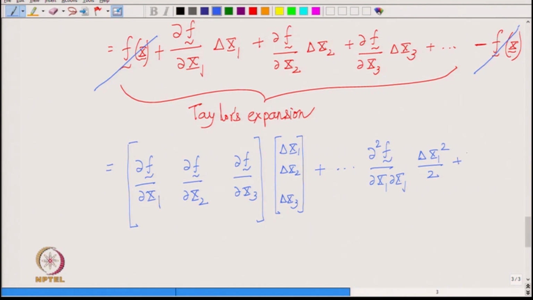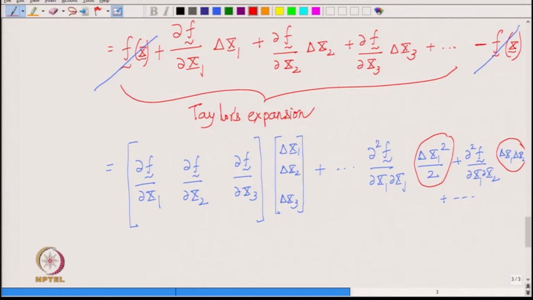Then you will also have del 2 f over del x 1 del x 2 into delta x 1 delta x 2. Likewise, you have many other terms. Now, what can you say about these terms? You see the numbers here, it is delta x 1 square or delta x 1 into delta x 2.